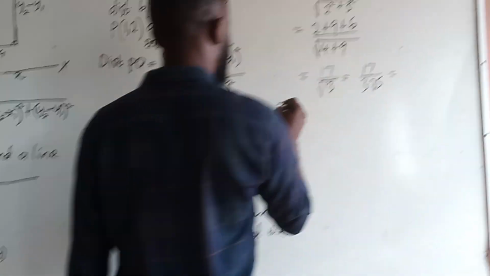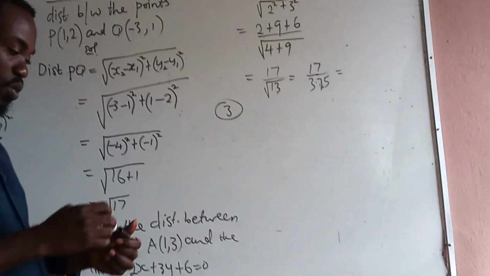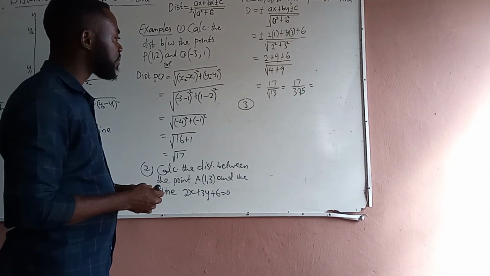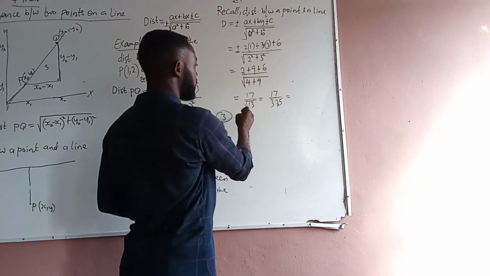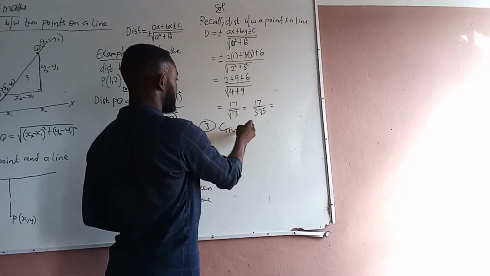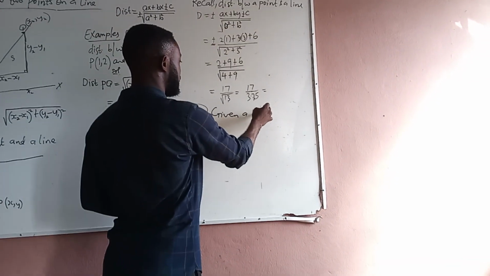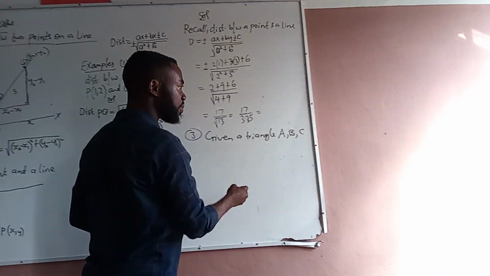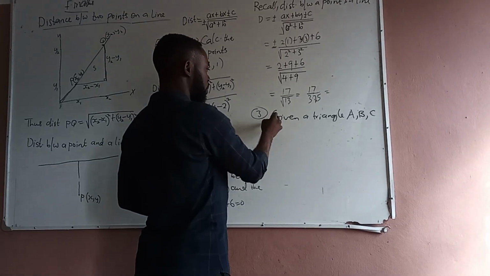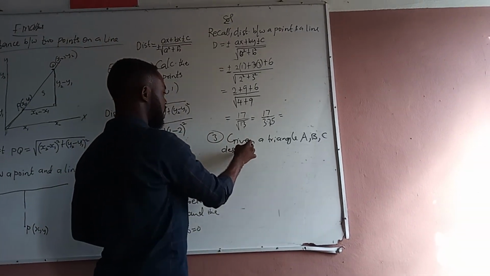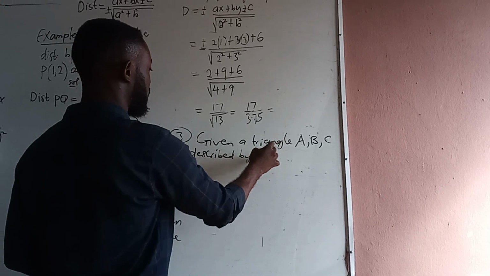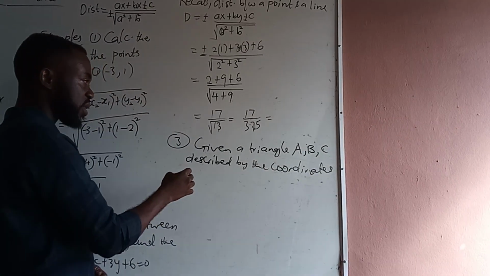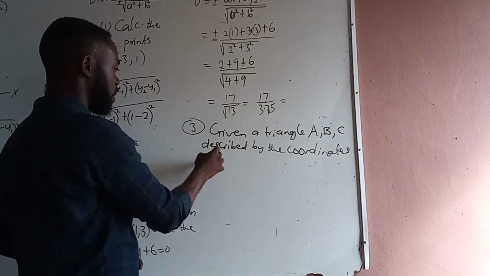Now we take on another example. Given a triangle ABC, described by the coordinates.